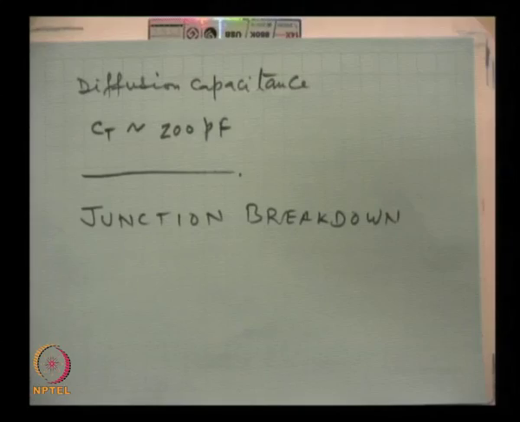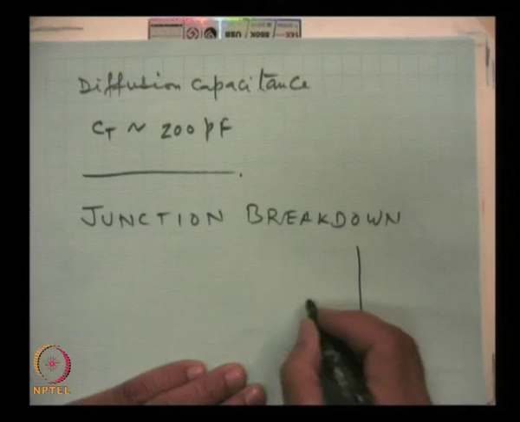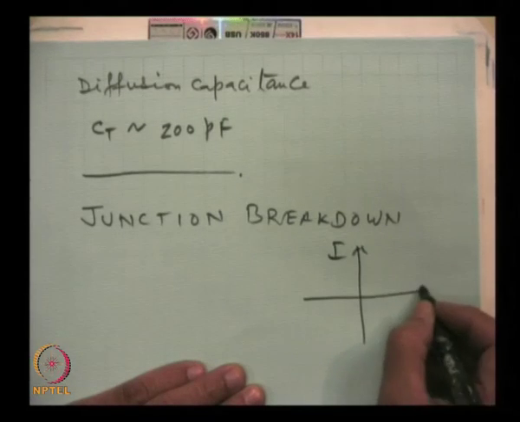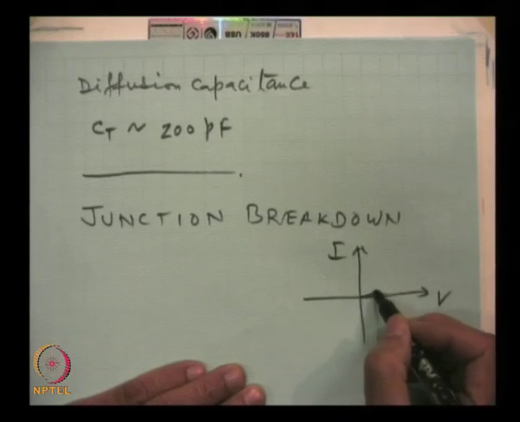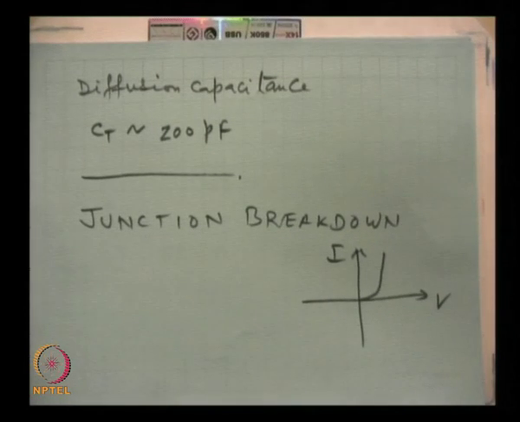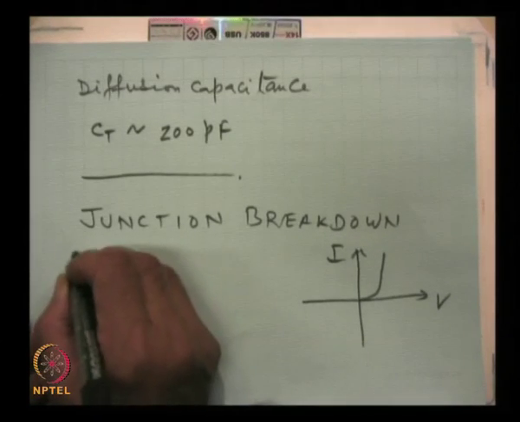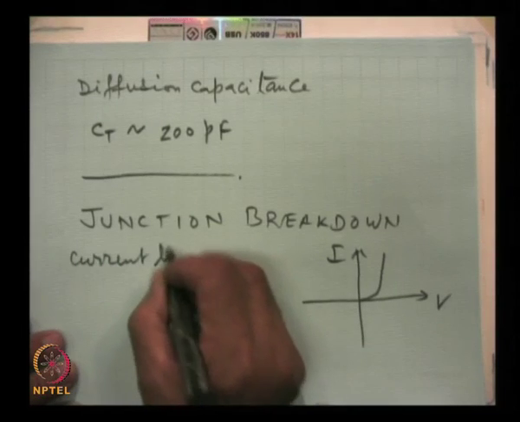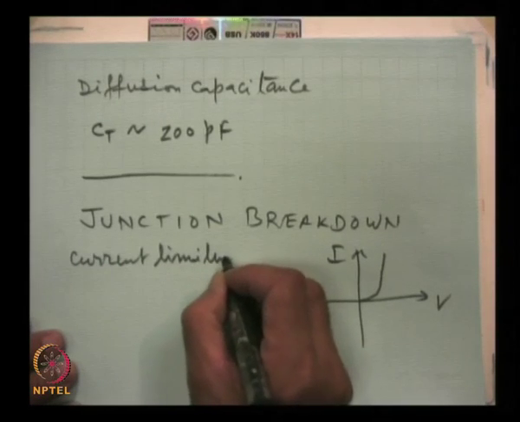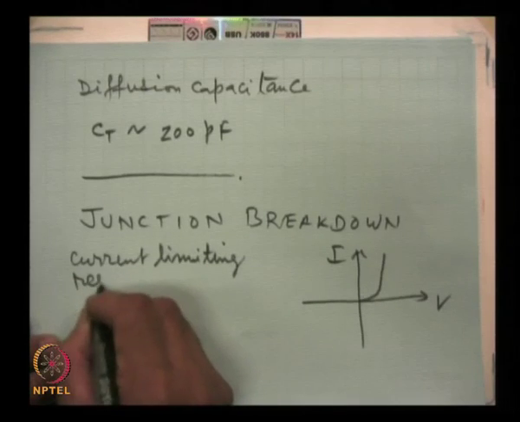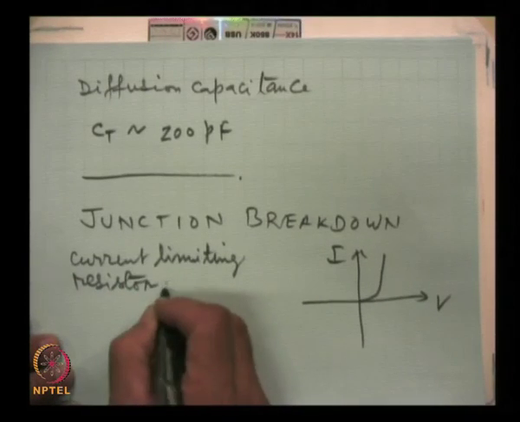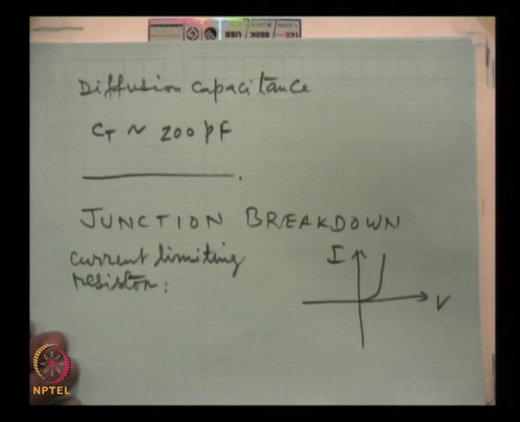If we take a PN diode, and this is I, this is V, forward bias gives an exponential rise in current. To limit the current, a resistance is used which is known as a current limiting resistor. That will save the diode from burning because of heavy currents.